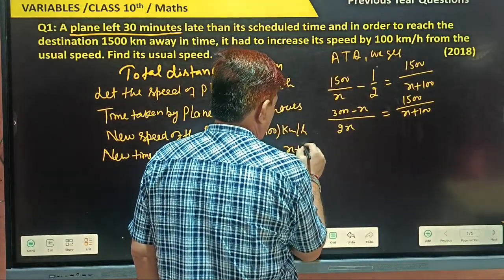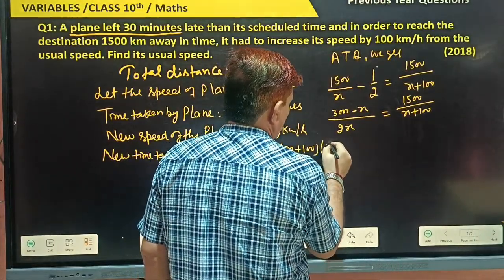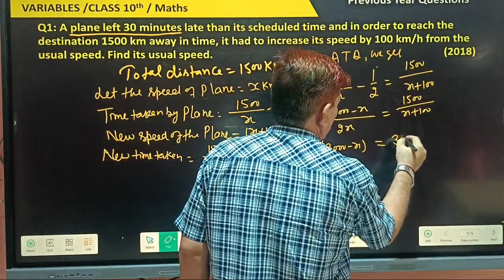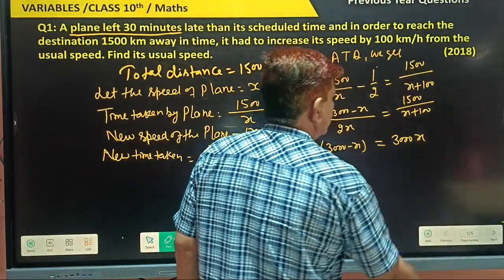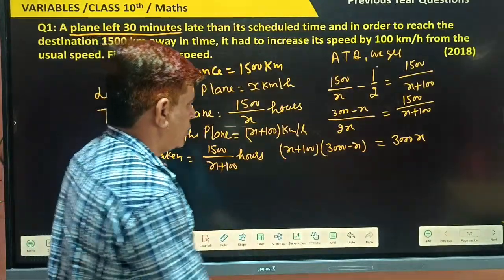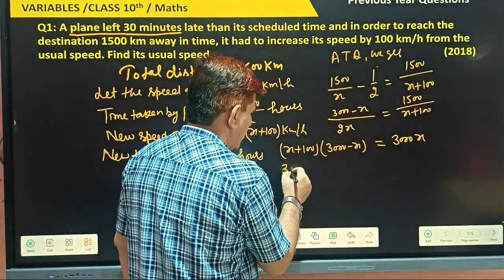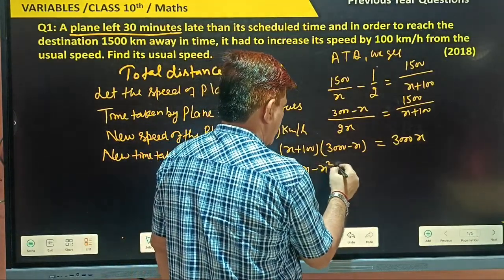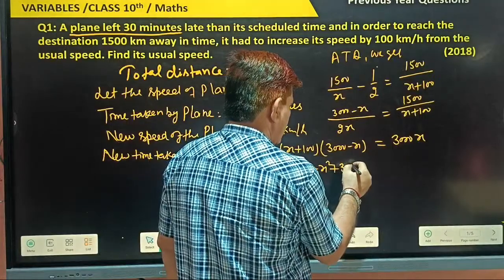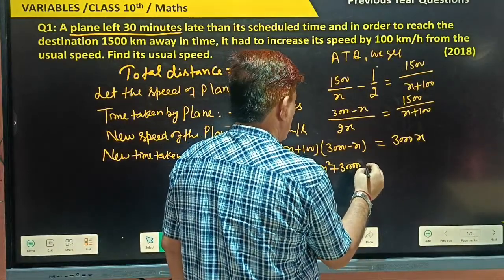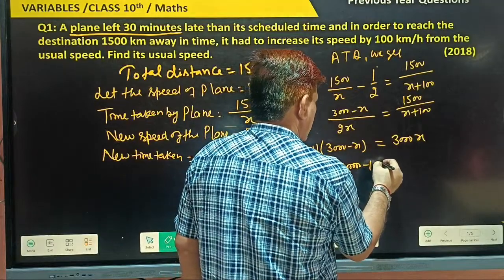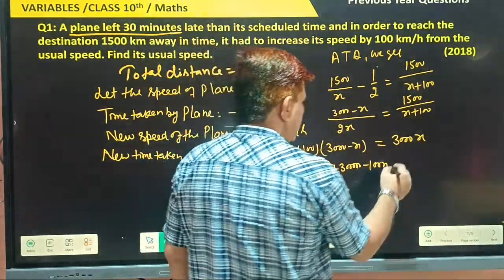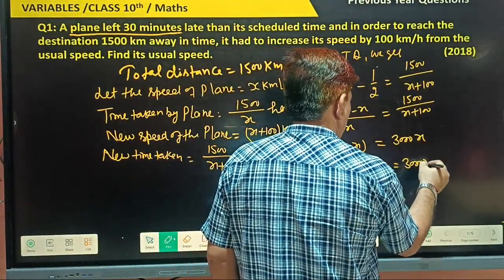X plus 100 into 3000 minus x is equal to 3000x. Understood? So multiplying, it's 3000x minus x square plus 300000 minus 100x is equal to 3000x.